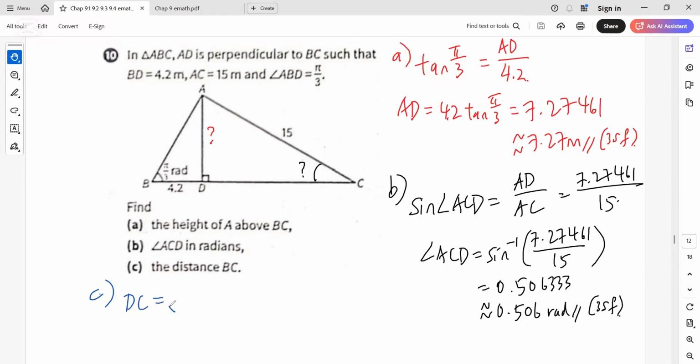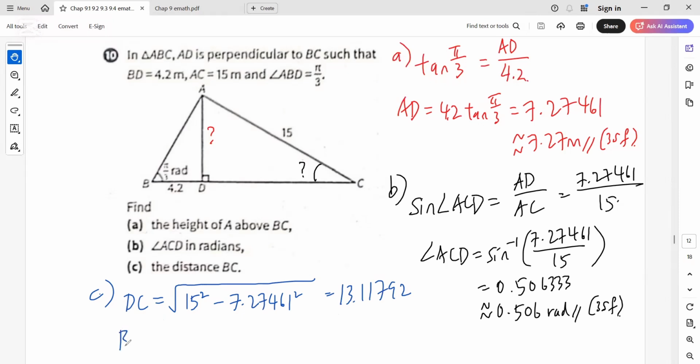So DC equals square root of 15 squared minus AD squared. AD is 7.27461 squared. Just give me a while, I'll calculate this. So this will give me 13.11792. So DC is 13.11792.